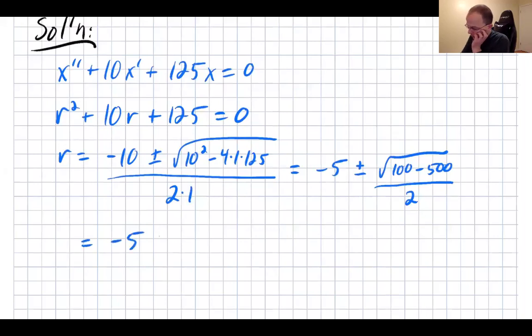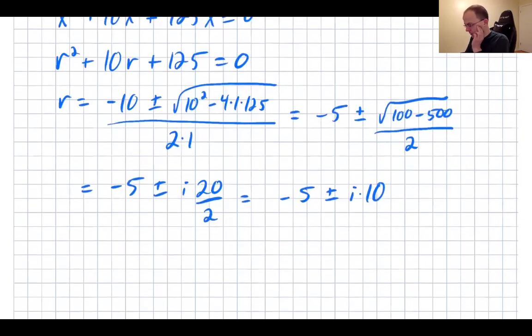So minus 5 plus or minus the square root of minus 400. 400 is 20 squared, so that'll be plus or minus i times 20, divided by 2. So we'll get minus 5 plus or minus i times 10.